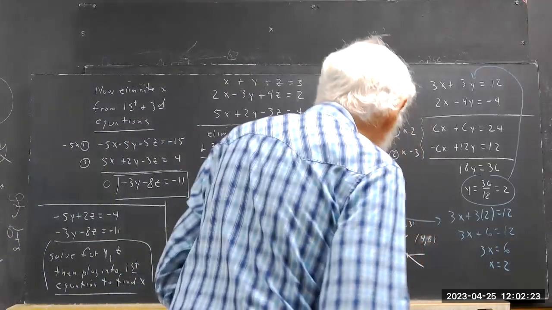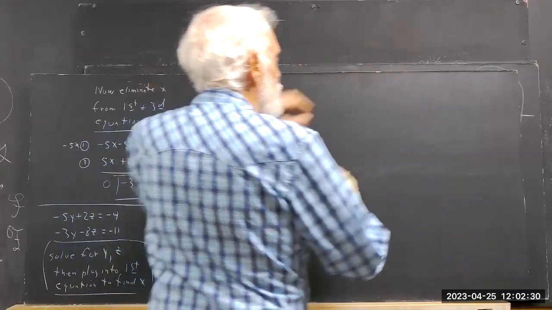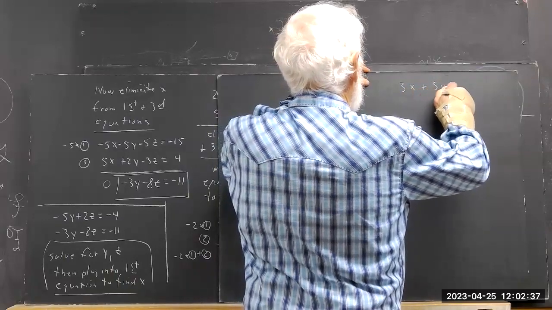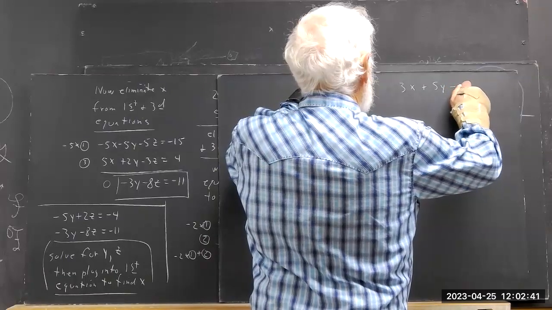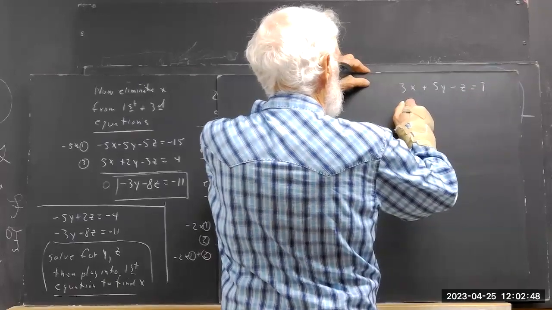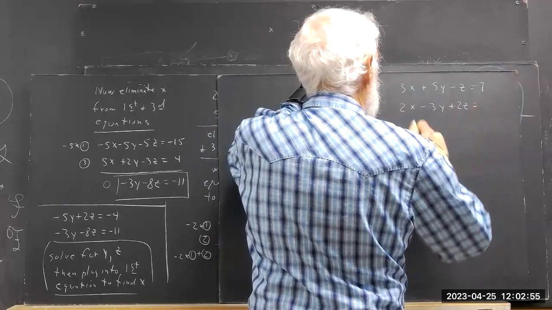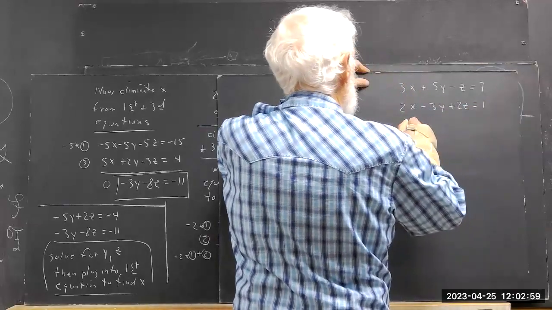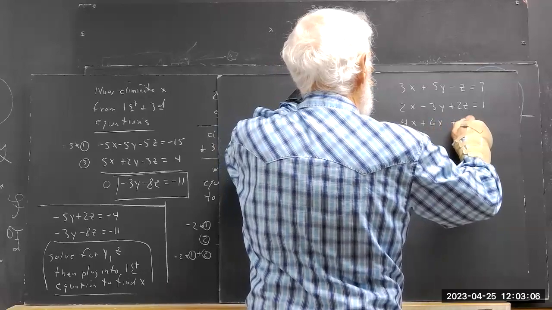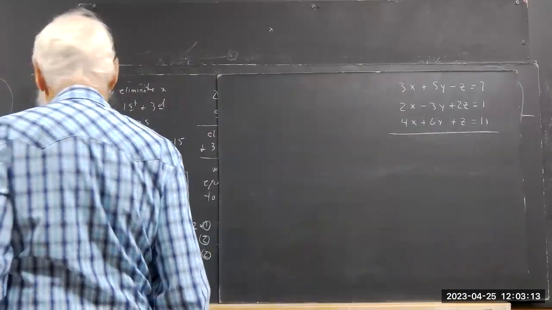Okay. So I'll write down another system and ask you to do as much as you can, just to figure out what variable you want to eliminate.